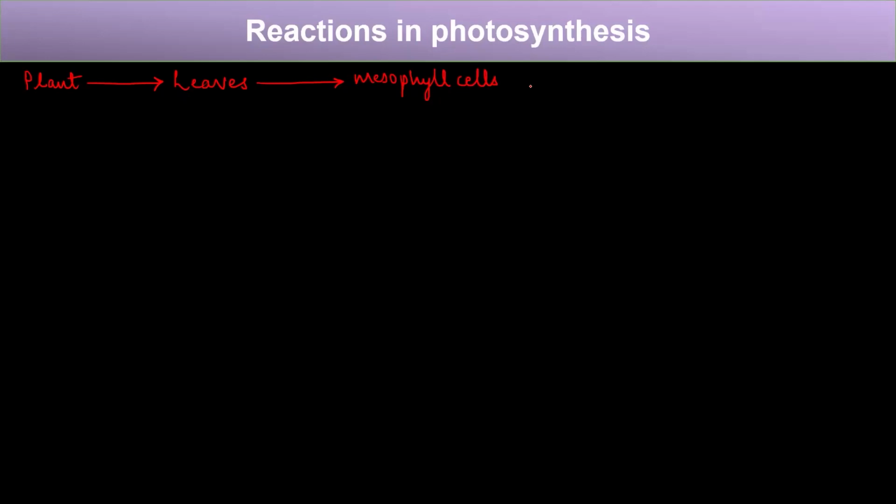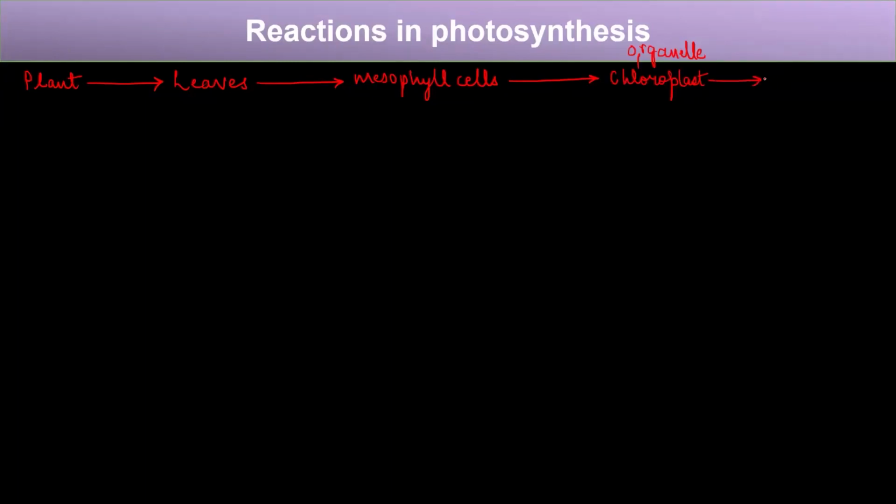Okay. Now, inside the mesophyll cells, because we have studied in the cell chapter that cells consist of different organelles, where does photosynthesis take place in the cell? In the cell, photosynthesis takes place in the chloroplast. What is a chloroplast? A chloroplast is an organelle. Inside the chloroplast, where does photosynthesis take place?